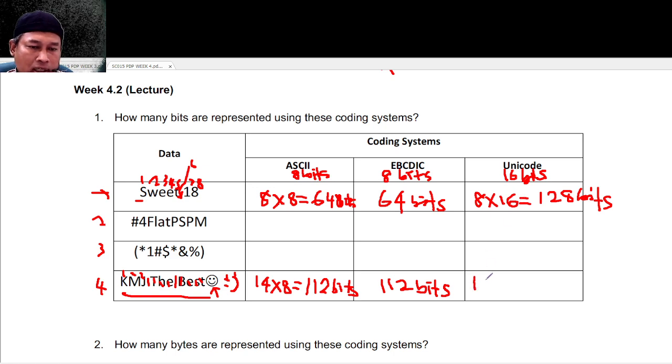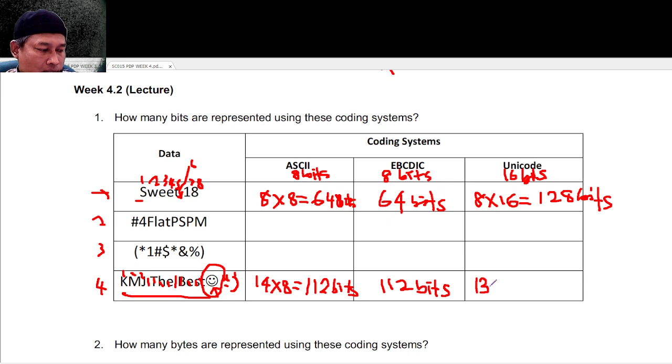Now it's not 14, because if you use Unicode, the emoticon has a Unicode symbol. This only counts as 1, because Unicode has the symbol of the emoticon. So for KMG the best in Unicode, the characters only number 13.